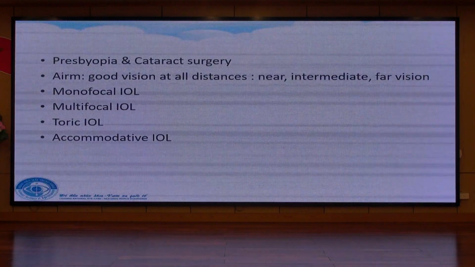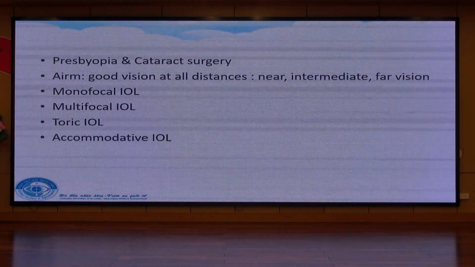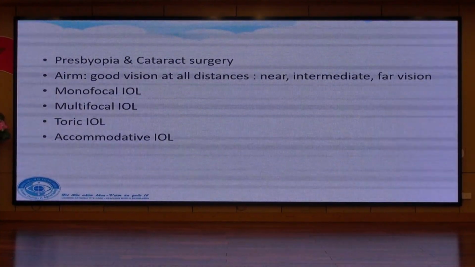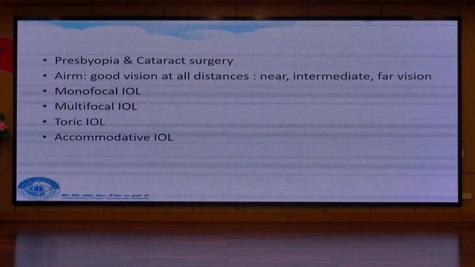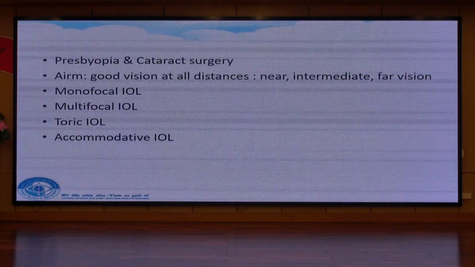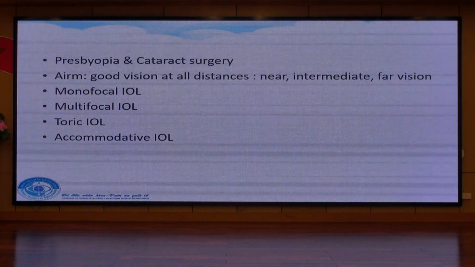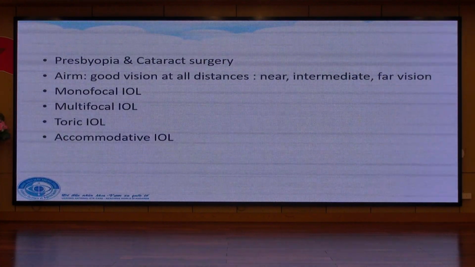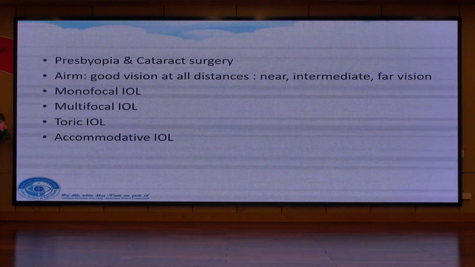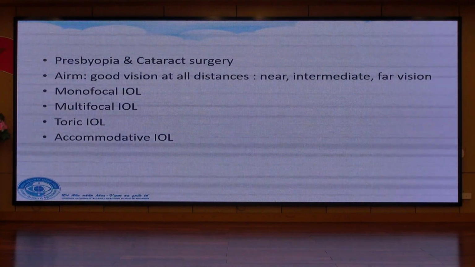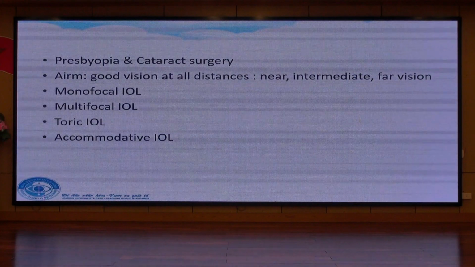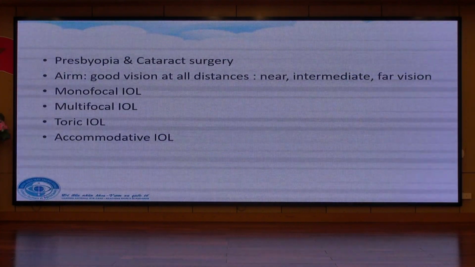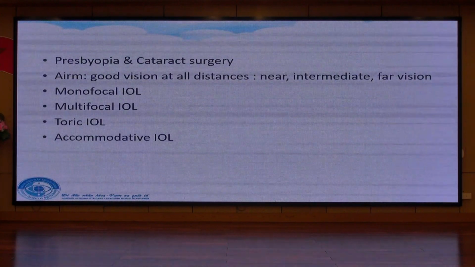And with multifocal IOLs, the patient can see objects clearly at all distances, but many patients may complain of dysphotopsia such as glare, halos, starbursts. And the toric IOLs can be implanted in patients with corneal astigmatism.